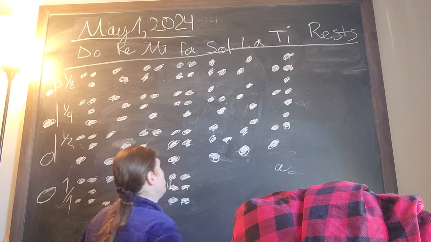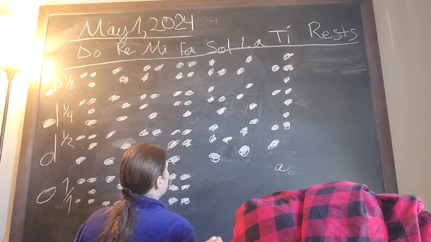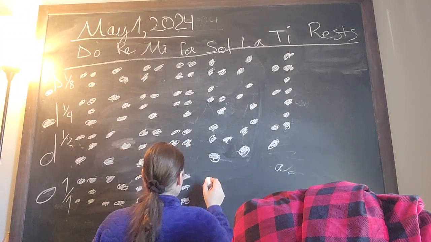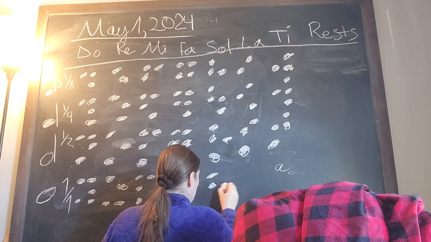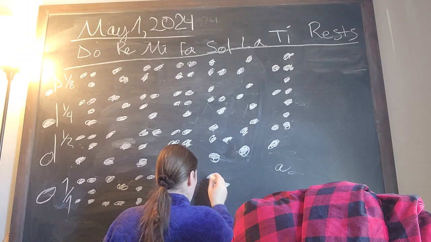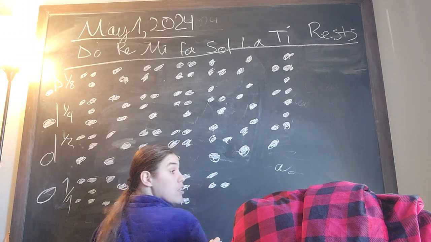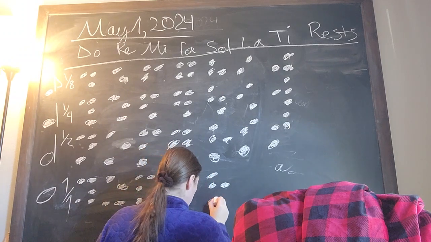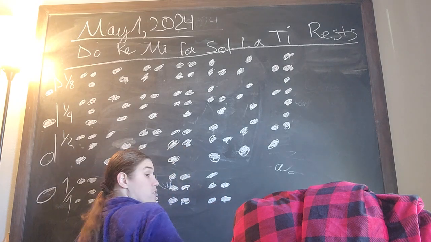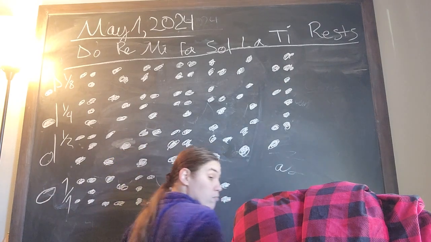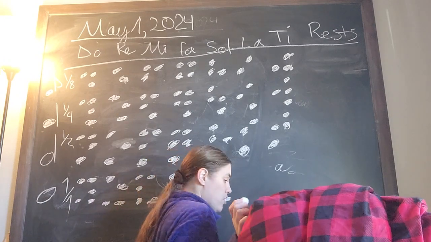Continuing, we have sol. Write out the pitch sol. 1, 2, 5. And then dot 3 and 6. And there is your sol note.